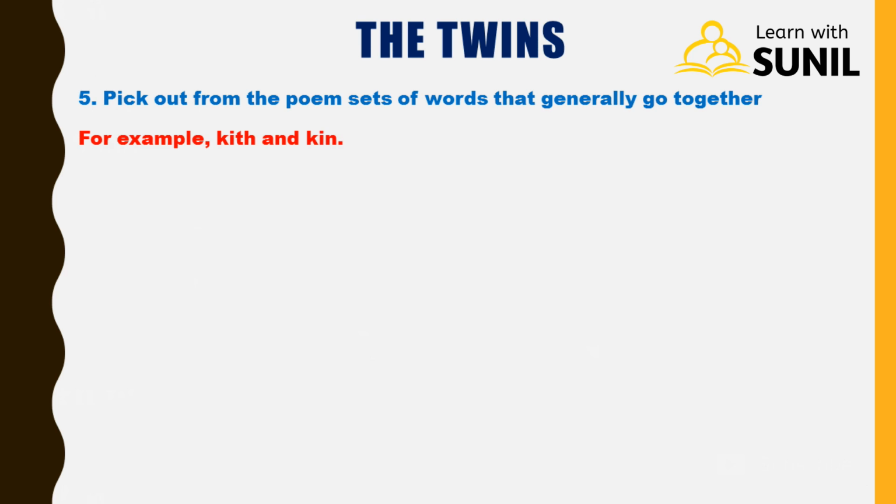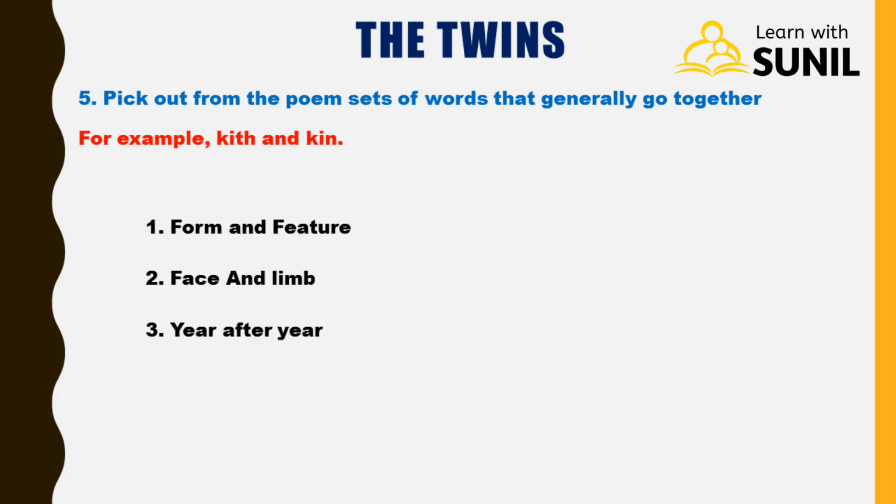For example, kith and kin. First, form and feature. Second, face and limb. Third, year after year. Fourth, domestic life. Fifth, fate's decree.